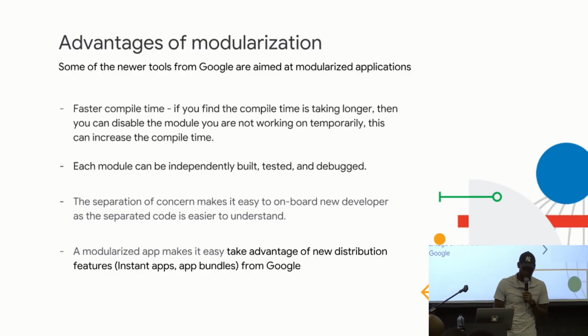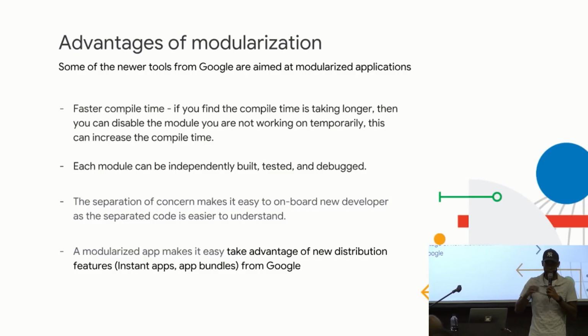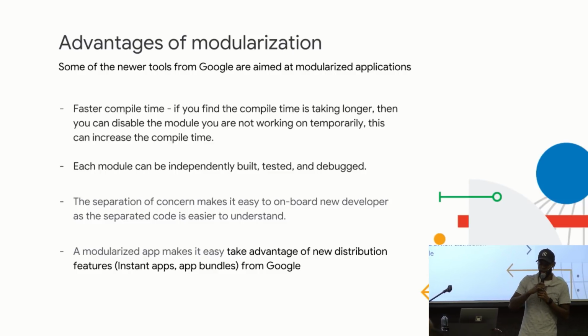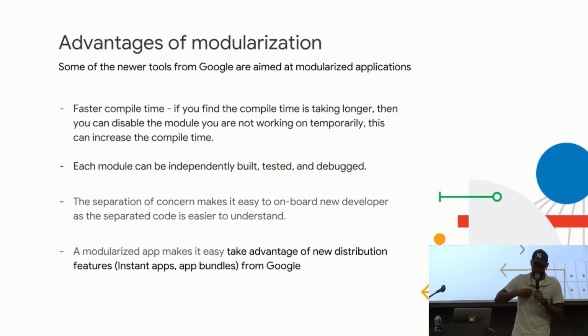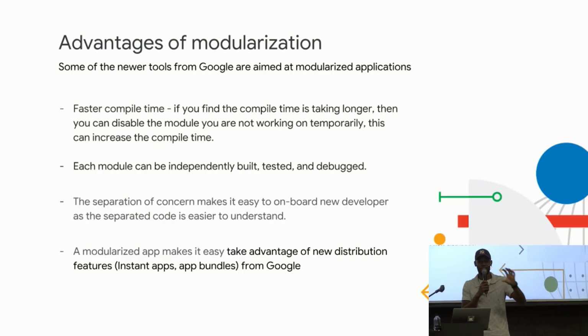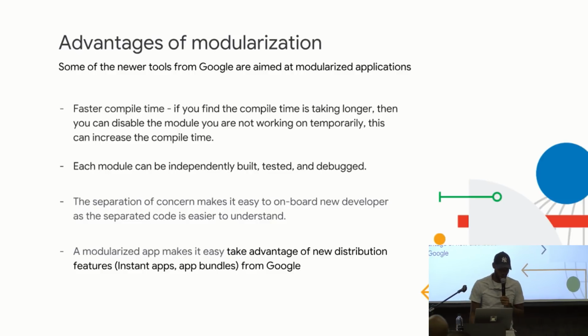And again, modularization offers fast compilation time. If the compile time is taking long, then with modularization, you are able to, in your settings Gradle file, remove some of the modules of your project. Then you can just compile whatever it is that you're working on at that particular time, which then improves your compile time.